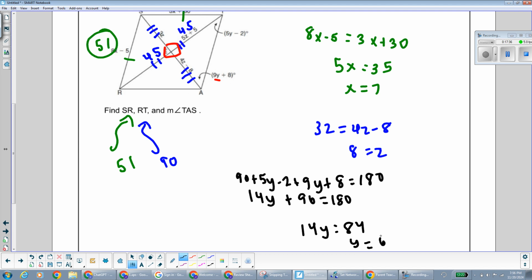And my y value is 6. Now I'm going to plug in to find the measure of angle TAS, which is right here. 9 times 6 is 54, plus 8 is 62 degrees, because it's an angle measure.